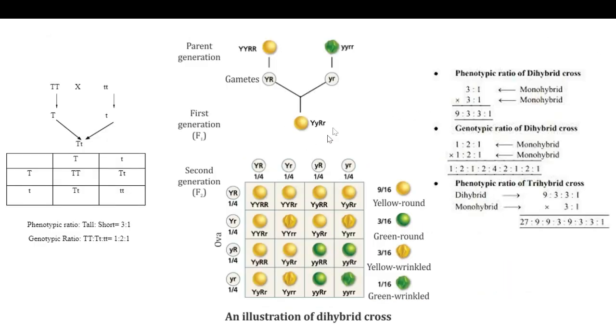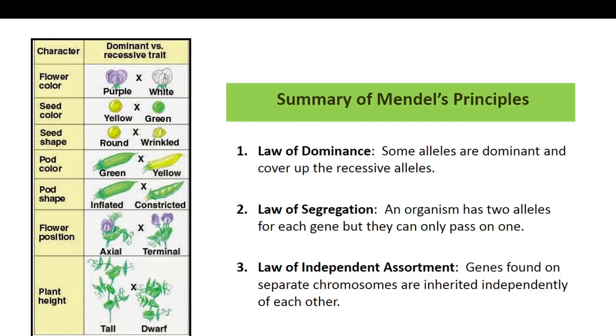So this is the scenario here. The homozygous mutant is crossed with this true parental generation, and all the F1 generation you are getting is yellow round seeds. So that is what is being asked in the question here.